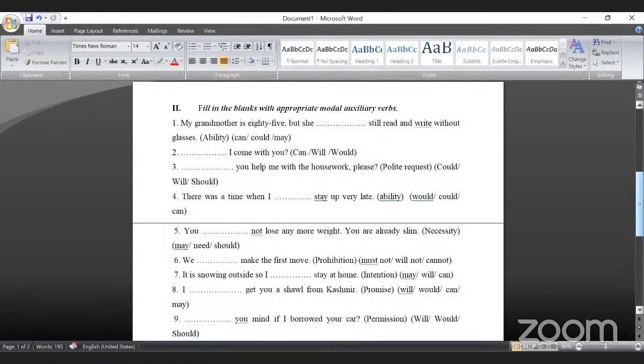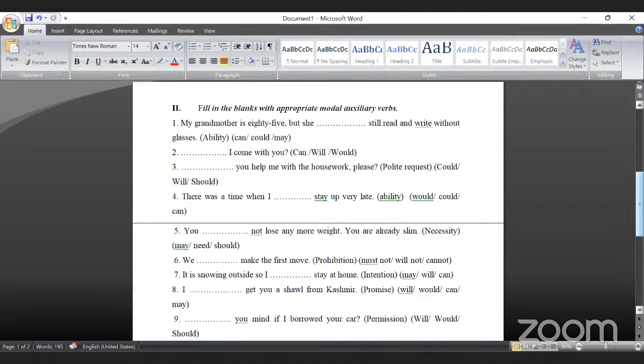Yes, it is correct, but it doesn't show ability. Would could fit if you say I would stay up very late to finish my work, something that would fit into the context. So the first answer that you gave is right. In this case it cannot be would, because we have to show ability. And even if I use it, it's going to mean something very different.